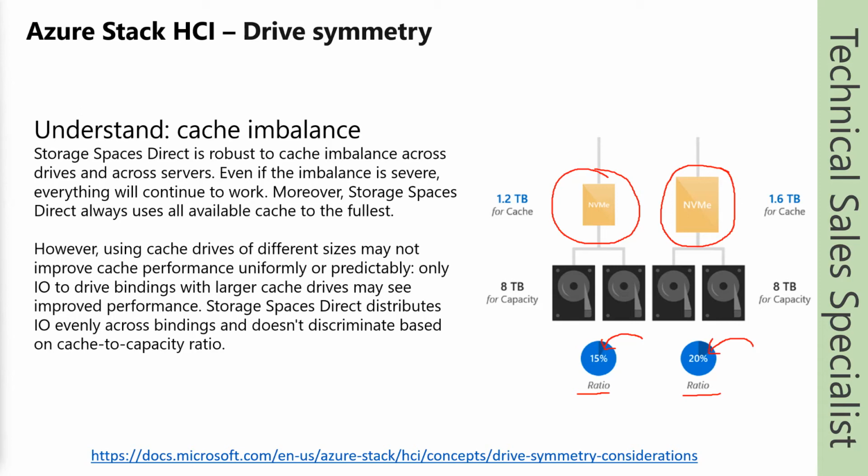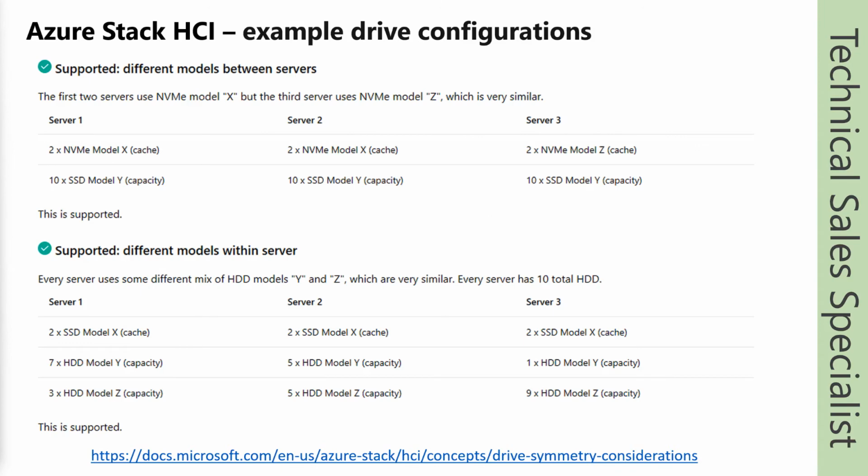So let's have a look at some untypical scenarios. So what's supported and what's possible? You should not design the solution based on this configuration, but it might happen because of some replacements. Let's imagine we have 3 servers, and server 1 has 2 NVMEs.